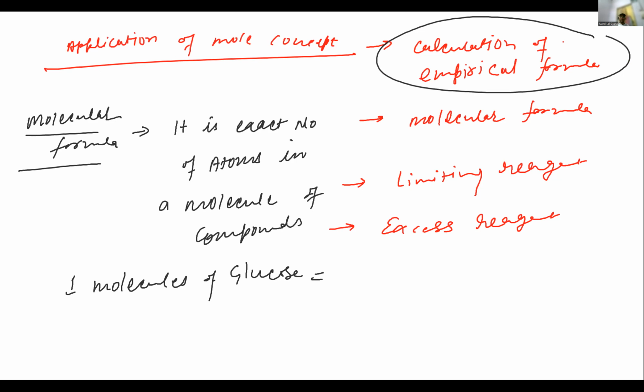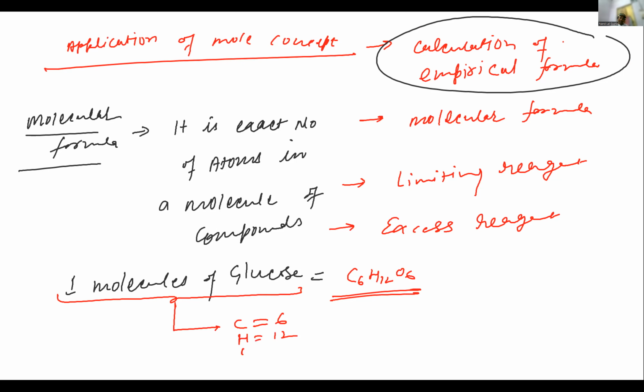C6H12O6. One molecule of glucose contains how many carbon? Six carbon. How many hydrogen? 12 hydrogen. How many oxygen? Six oxygen. This is the molecular formula, MF. Getting this one? Now I am changing this concept to the empirical formula.